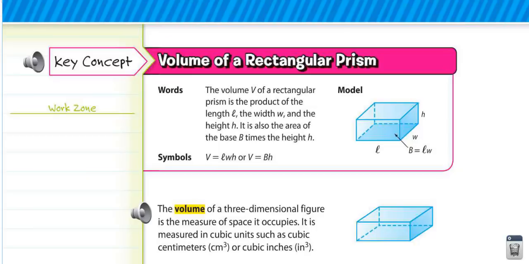So now we're going to look at how you find the volume of a rectangular prism. So if you think about the area of a rectangle, if I had this rectangle, I would find its area by multiplying the length times the width. So to get the volume of this, and volume is how much something can hold.